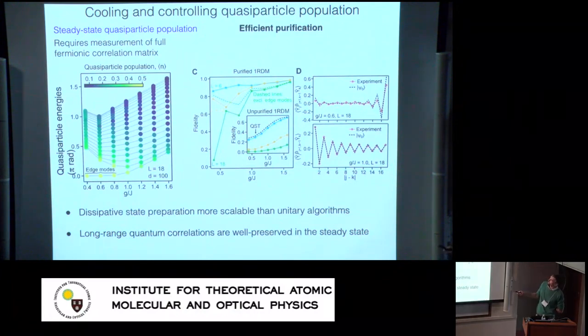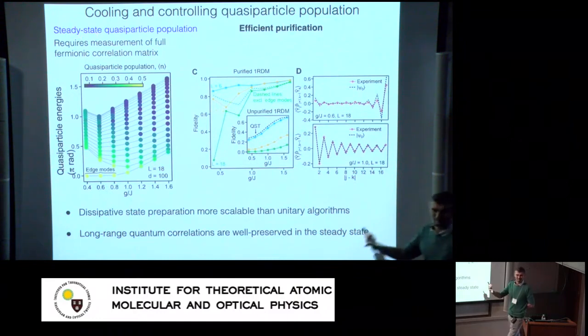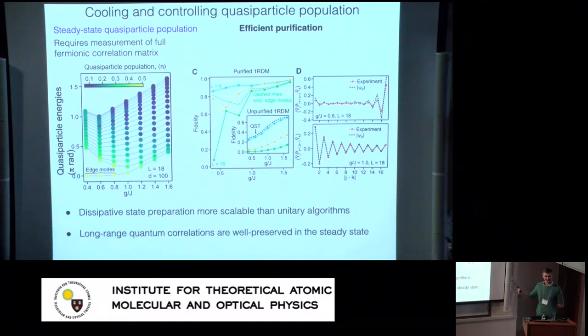Once we do that and the system reaches a steady state, we can image the steady state with particle populations. That requires measuring fermionic correlators of the form C dagger on site i, C on site j. In the spin language, these are long products of Pauli operators.